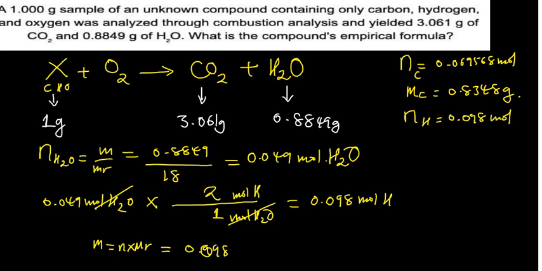Okay, so that is going to give us the number of moles, which is 0.098, and then times the molar mass. The molar mass for hydrogen is going to be 2. That is because we have got 2 of the hydrogens. If you check on the periodic table, we only have 1, and then that one is multiplied by 2, since there are 2 of them.